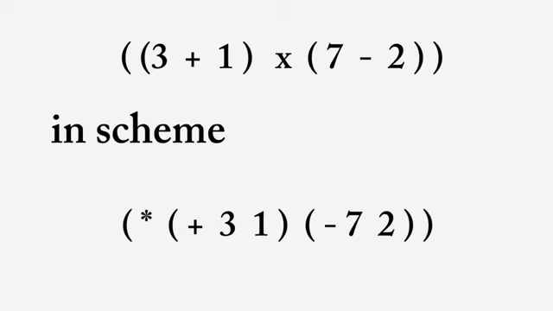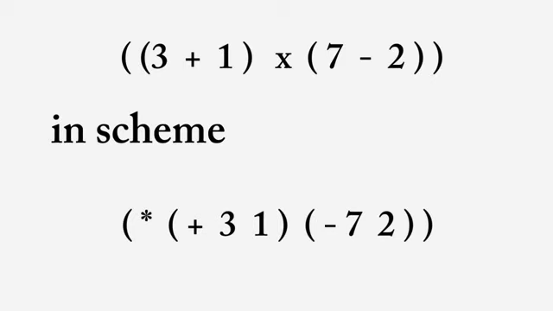As in the mathematical form, here also we separate everything with brackets. So in Scheme, first you have to give the function. So I am going to multiply the two expressions.